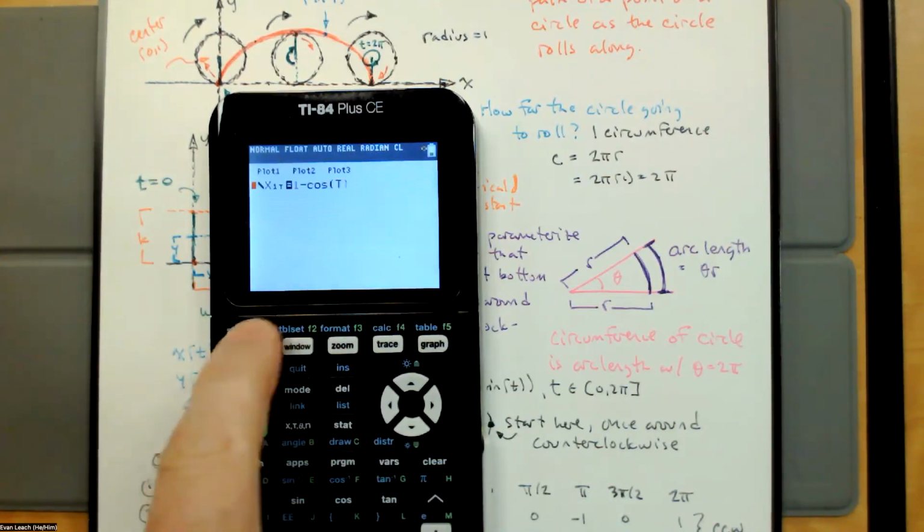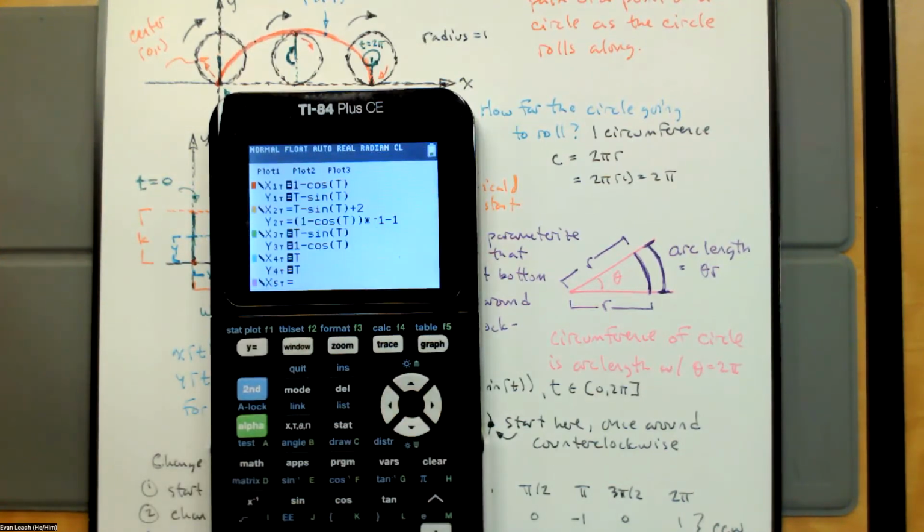The other interesting thing about parametric equations, notice that when I wanted to shift things left and right and up and down, I just had to add or subtract in the direction that I want. If I put +2, everything's going to be 2 larger, 2 to the right or 2 up.